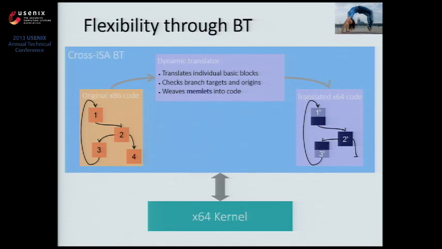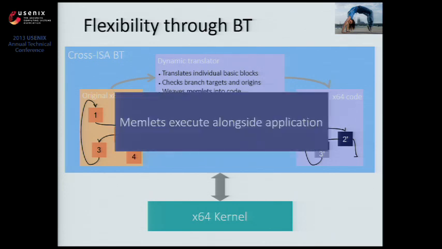The dynamic binary translator ensures that most of the execution time is actually spent in the code cache, which only contains translated x64 code. On the hardware side, we only execute x64 code, and whenever we would jump back to the original x86 code, we fall back and trap into the translator, translate that basic block, and ensure that all outgoing edges either point to already translated code or back to the dynamic binary translator.